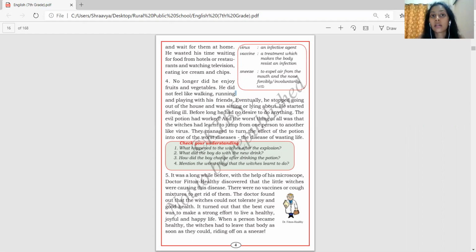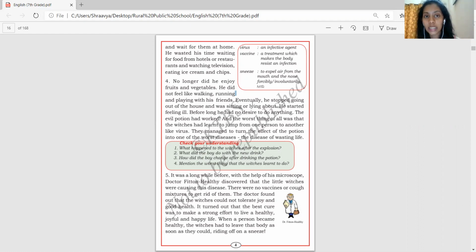So, what did we say earlier? If you don't eat your fruits, vegetables, and you don't exercise, you will not be healthy. And what is the opposite of healthy? Ill, illness, correct? Now, there is another word for opposites. The word is antonyms. Okay.